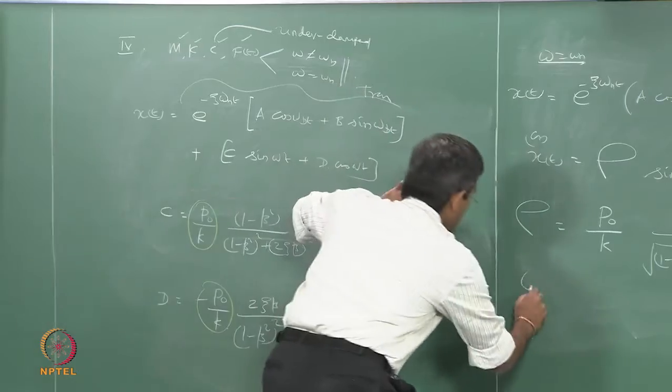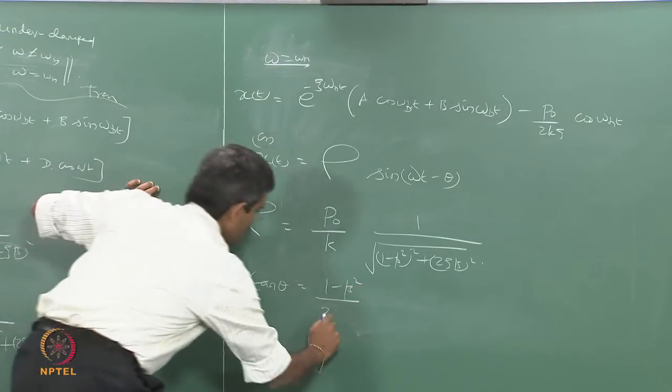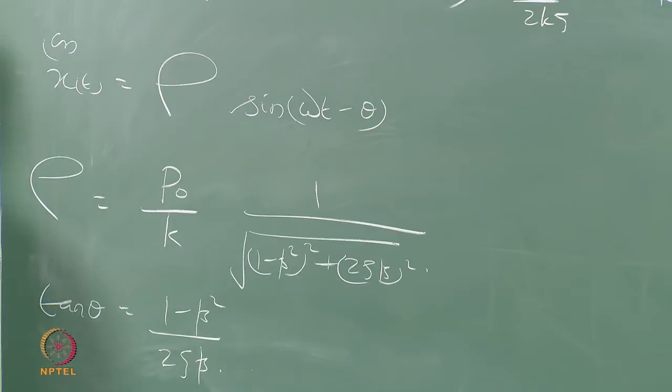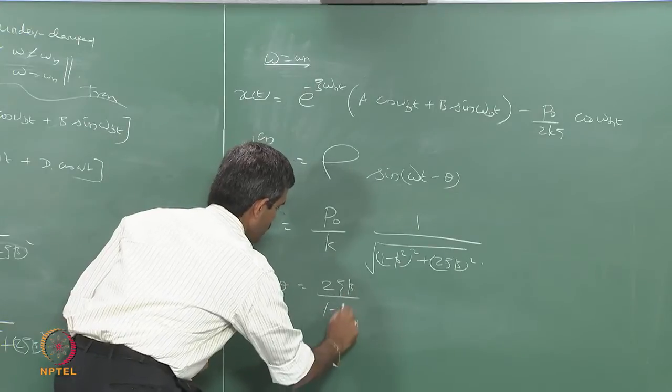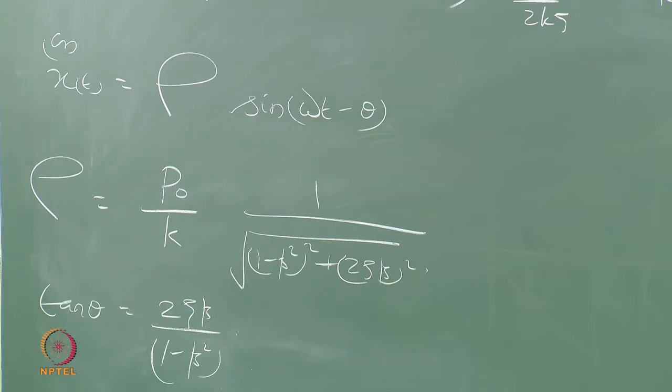And we said tan theta is given by, it is the other way. And we know the angle theta is the resultant with respect to the axis of the sin omega t part.